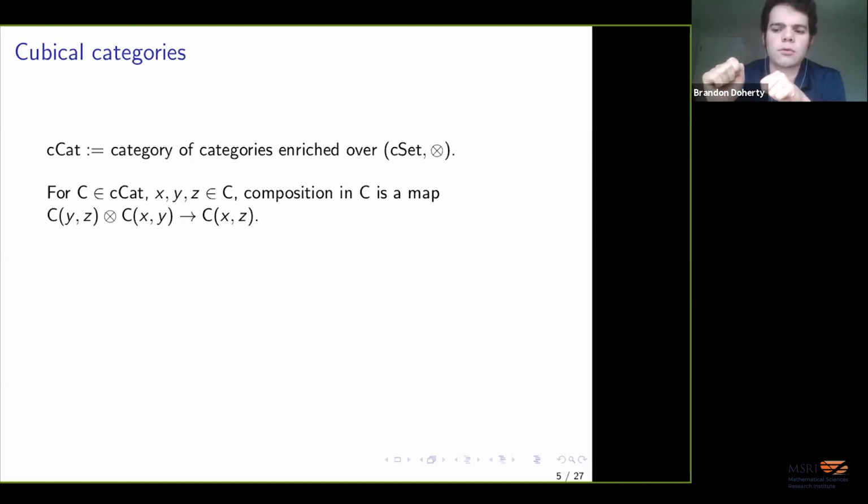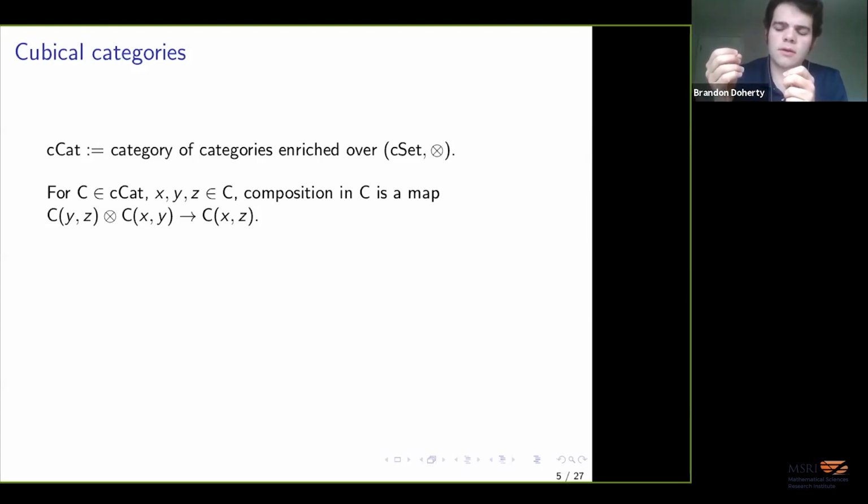One thing that's important to recall here is that this geometric product, for this particular choice of the box category, is not symmetric. So it is important that this is a map from C(Y,Z) tensor C(X,Y) rather than the other way around. It would be a different definition if we had C(X,Y) tensor C(Y,Z).